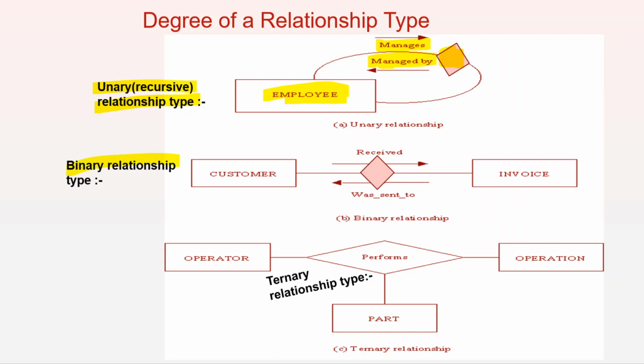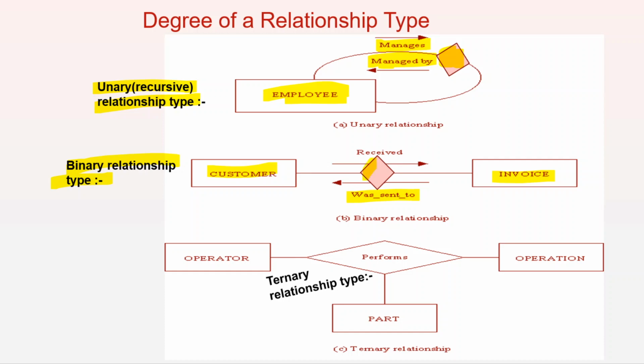Next we have the binary relationship type. Here we have two entities involved, one on the left side and one on the other side of the relationship. For example, customer received invoice, or reading right to left, invoice was sent to customer. So we can read in either way.